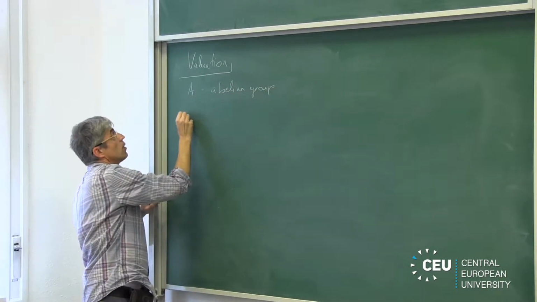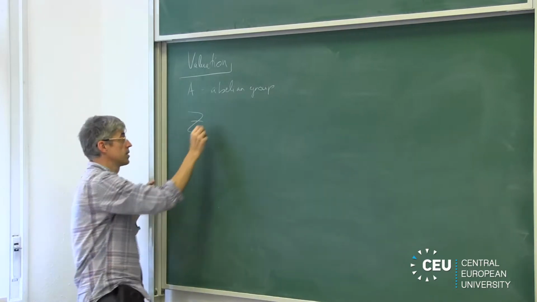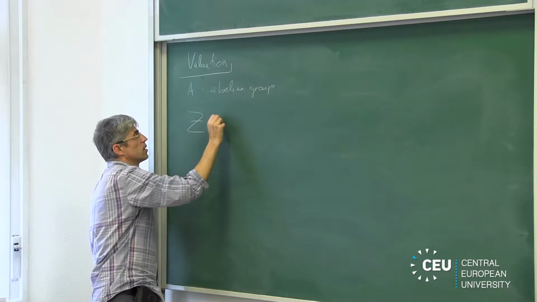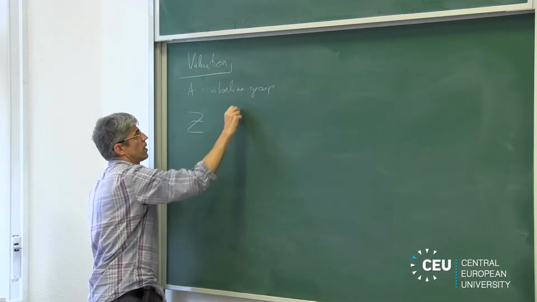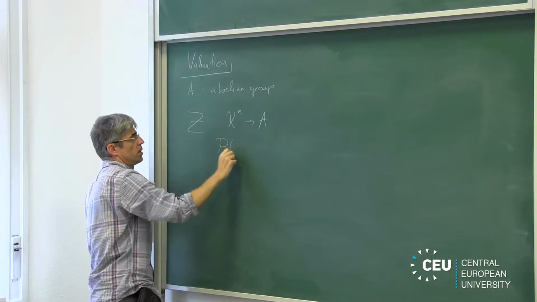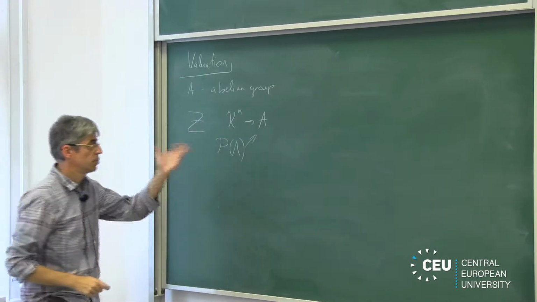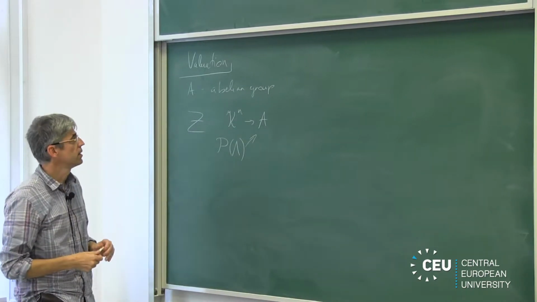And the valuation, I will write Z, it's coming from German, from Kn into A, or maybe from one of the P lambdas into A. It depends. I will always specify.